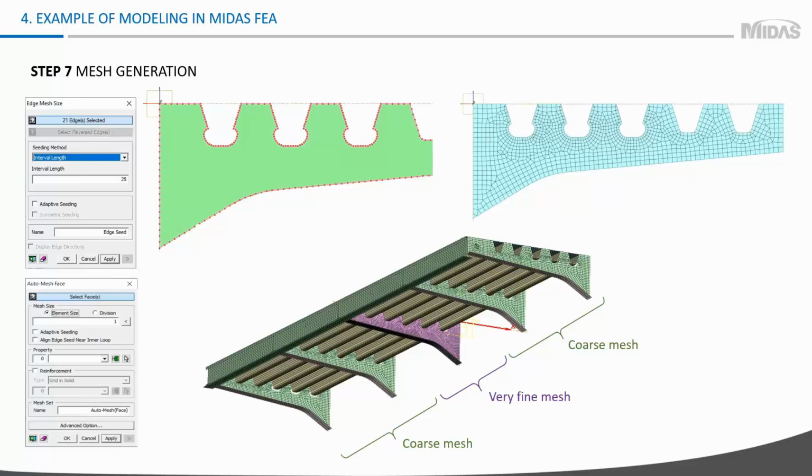Midas FEA has mesh size control that allows you to manage the mesh quality distribution of the model. All these modeling principles are described in the introduction to Midas FEA video, so you may find it on the YouTube channel and check it later.